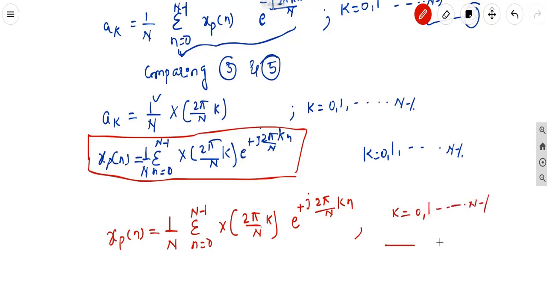We can give the number also for this equation, equation 6. This equation is called IDFT, that is inverse discrete Fourier transform.